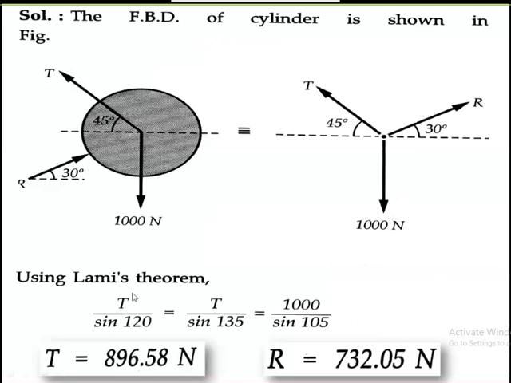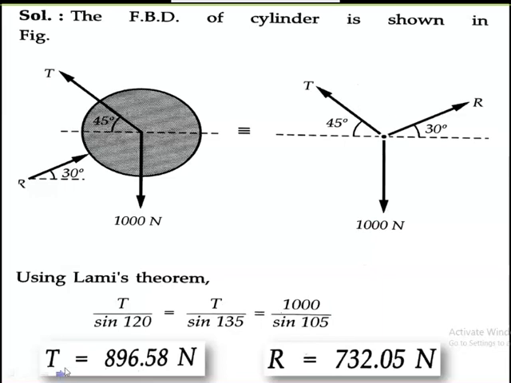Using Lami's theorem, T divided by sine of the angle between the other two forces, which is 90 plus 30, that is sine of 120, is equal to R divided by sine of the angle between the other two forces, that is 90 plus 45, it is 135. This is R divided by sine 135, that is equal to 1000 divided by sine of 45 plus 60, it is 105.